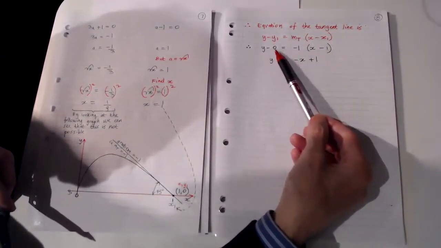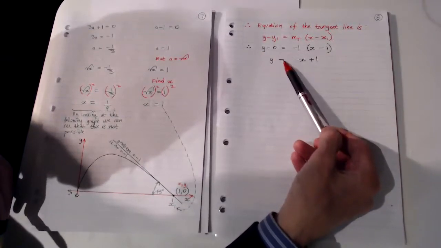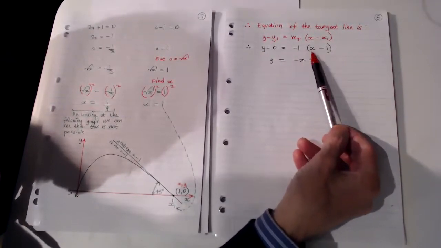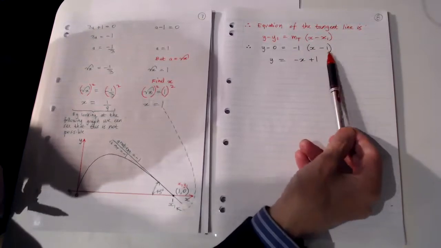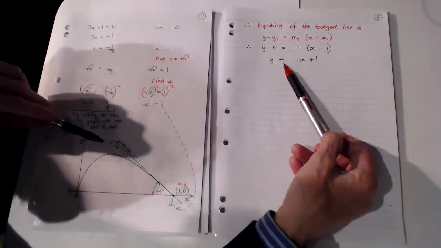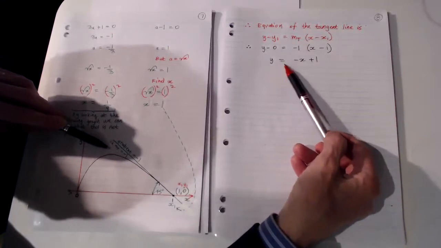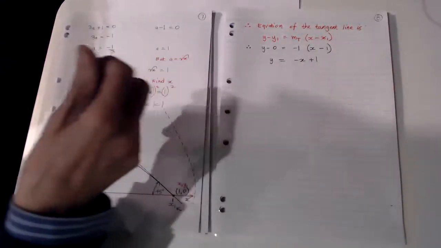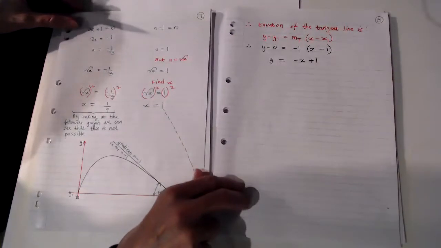And it's going to be y minus 0, which is y, equal to negative 1 times x minus 1. Negative times -1 is positive 1. And therefore, the equation of the green tangent line is y equals negative x plus 1. And that's the end of question 9c. Now we move on to question 9d.